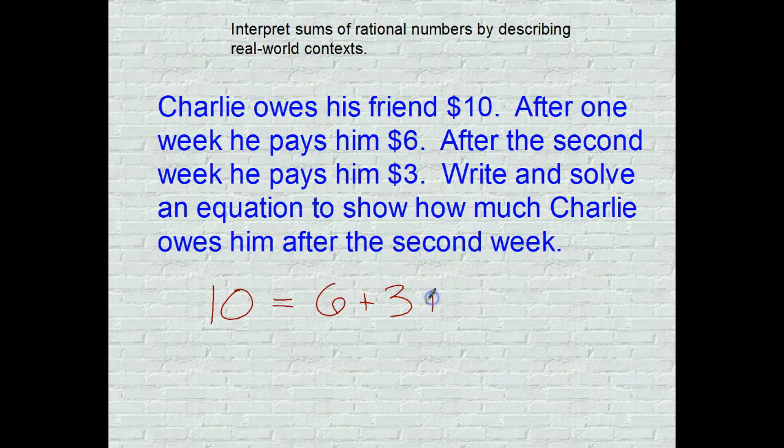Well, we don't know. We need to figure out what is going to get us up to 10, so that will be a variable that's missing. So if we were to solve this, 10 is equal to 6 plus 3, which is 9.